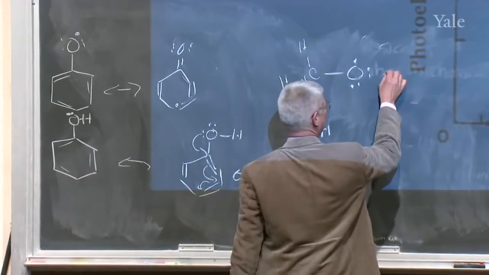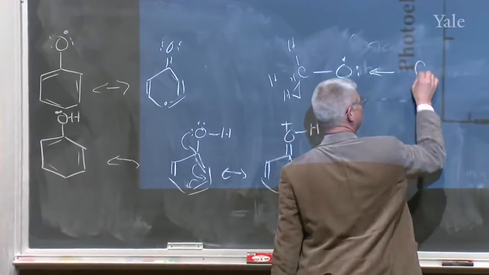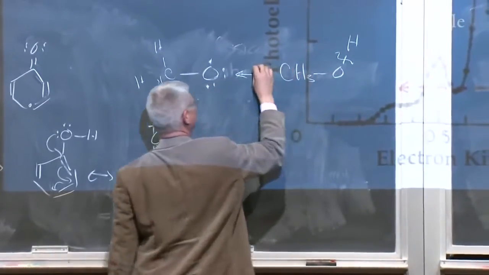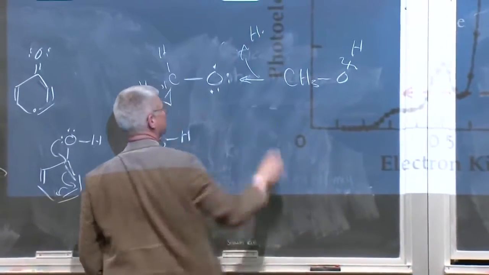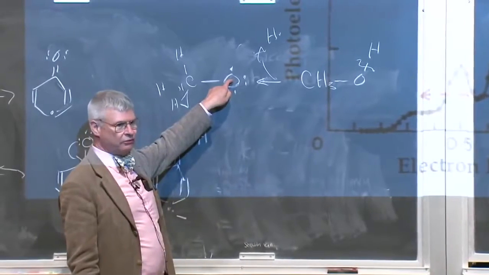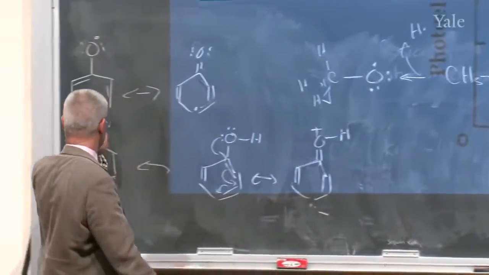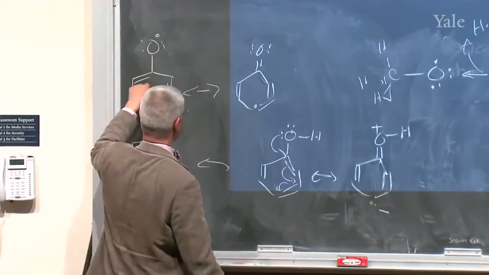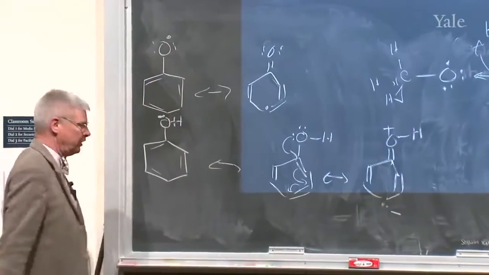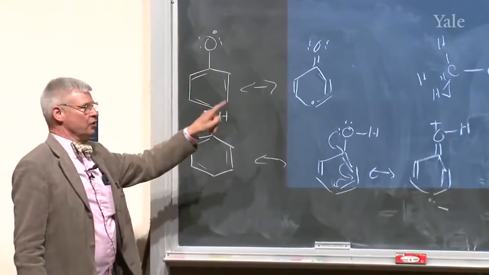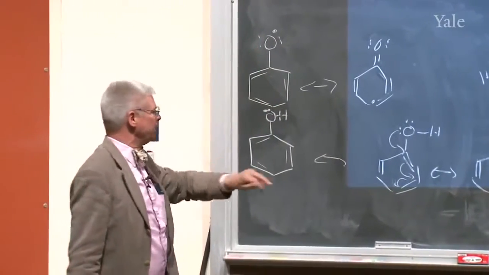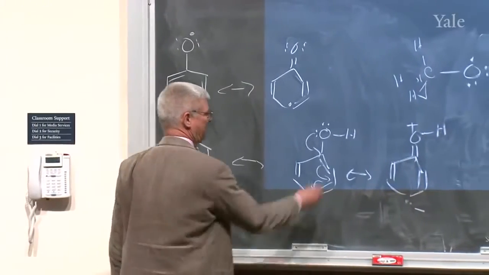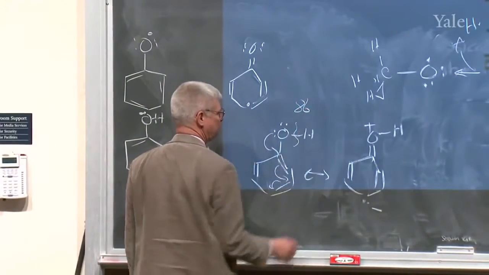When you break that bond to get a hydrogen atom, the dot is stuck right there. As you pull this bond off in phenol, the dot is now able to be delocalized and spread around the whole ring, and this bond energy is going to be 86 kcal per mole.